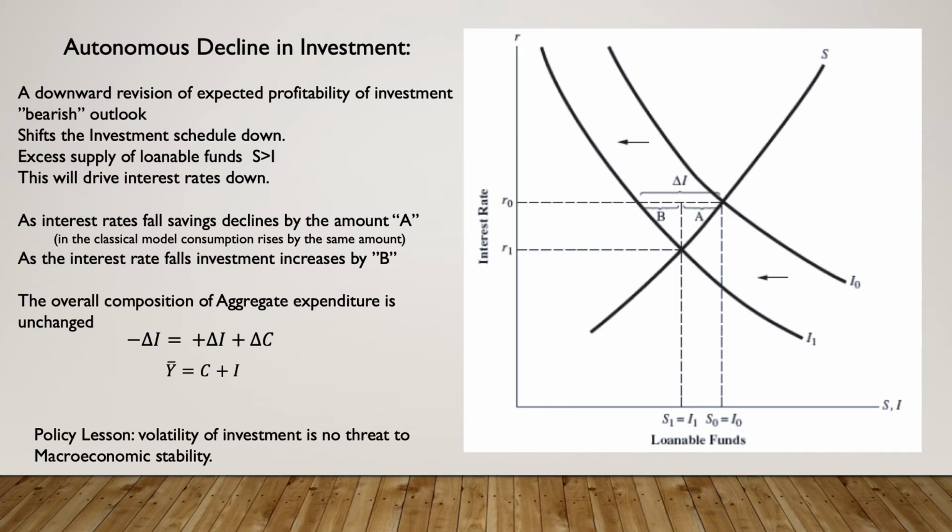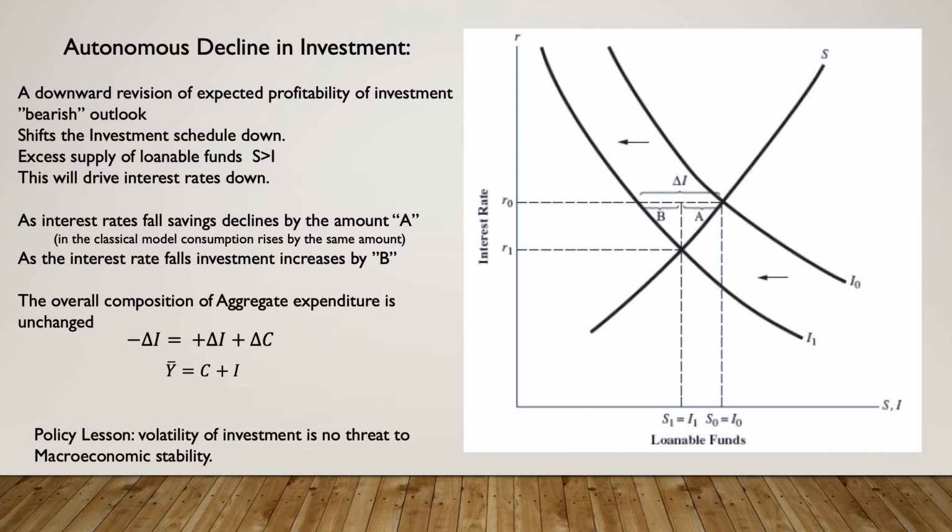So the amount by which investment declined due to this bearishness is indicated by the bracket delta I. So here we have a disequilibrium. What is the disequilibrium? It's excess savings in the loanable funds market. We've got a surplus here.